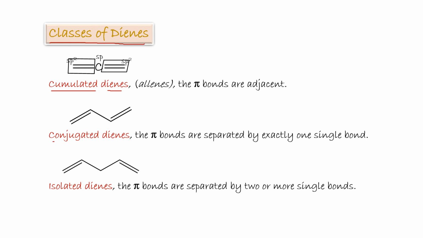We have also the conjugated diene, where we have sp2, sp2, sp2, sp2 hybridized carbons.